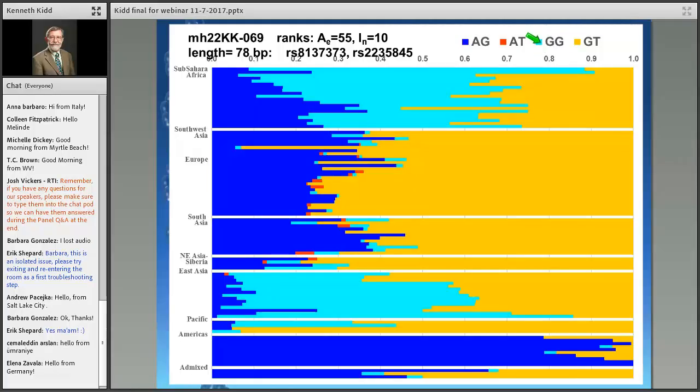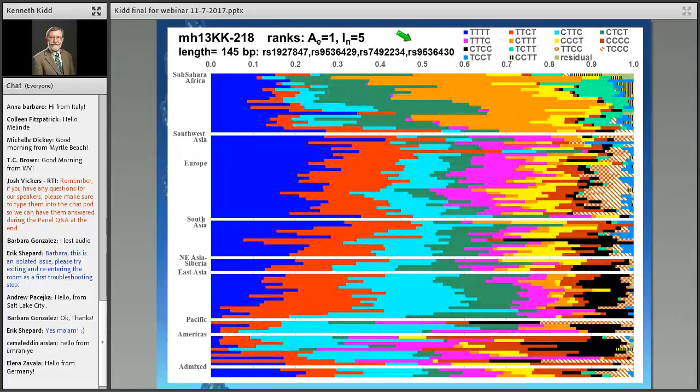Notice that Africa and East Asia have a very high frequency of the haplotype GG, which is virtually absent or very rare in Europe, Southwest Asia, South Asia, and even Central Asia, and especially essentially absent in the Americas. So it ranks fairly high, 10th in informativeness for ancestry.